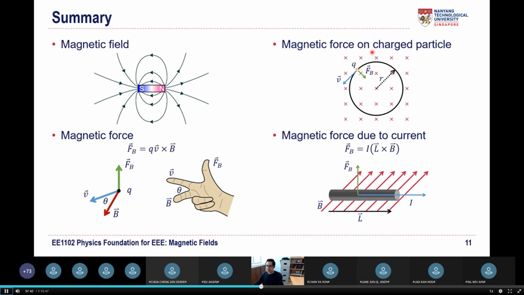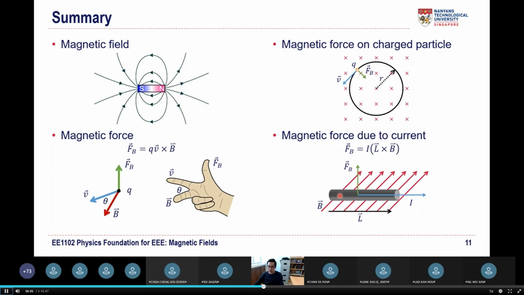If the magnetic force is acting on a charged particle, it can move in a circular motion like that. And if the velocity is not fully perpendicular to the magnetic field, then it will be moving in a helix path, so it's moving in a circle but with some translational motion.